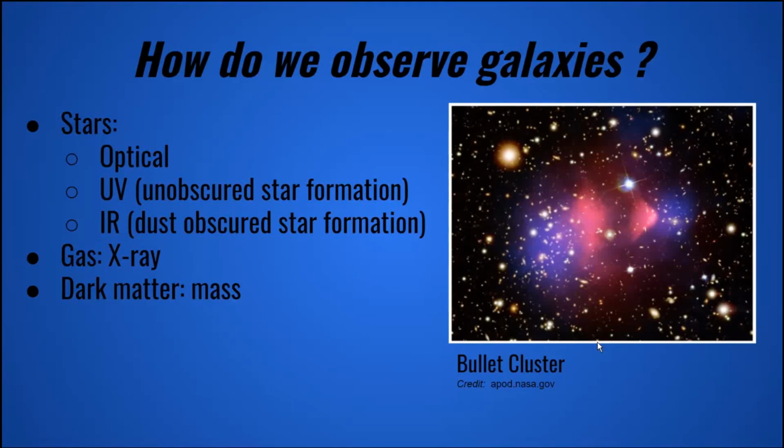And interesting, especially in this cluster, the cluster in every other wavelength looks like it's one cluster, but because of these two separate lumps of dark matter, we discovered that this is actually two clusters that are colliding with each other, and they're still in the process of reaching equilibrium after they merged into one.